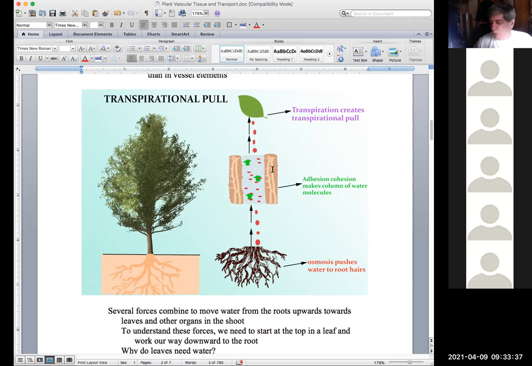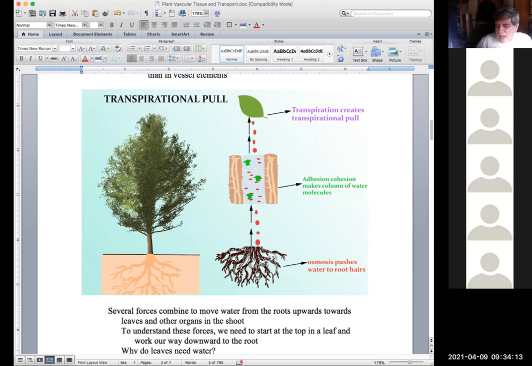And keep in mind, water molecules can potentially form 3 different hydrogen bonds, one for each hydrogen atom, one for the oxygen atom. So they could have one bond to a cell wall molecule, and they could have 2 other bonds to water molecules. So this adhesion and cohesion hold the water in place and then make sure that when we lose some water by transpiration, we jerk up this whole attached chain of water molecules.